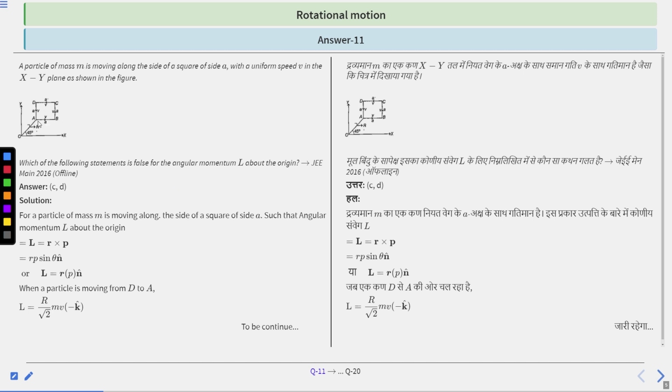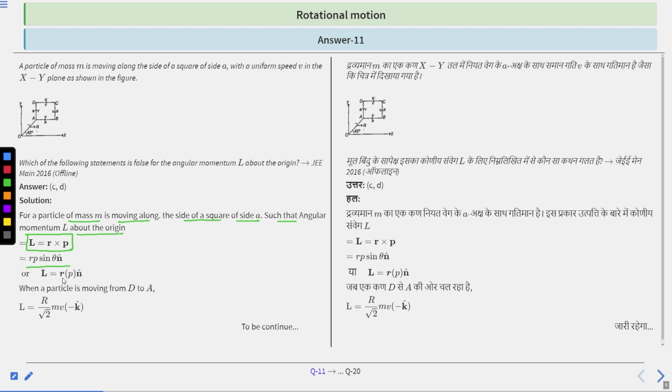Here this is a square of side A, with corners A, B, C, D, and the particle is moving along this path: A to B, then B to C, then C to D and D to A. The angular momentum of the particle about the origin is L equal to R cross P. So we know L equal to RP sin theta n cap.